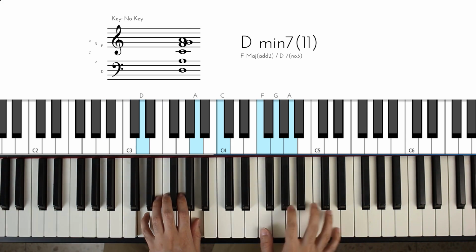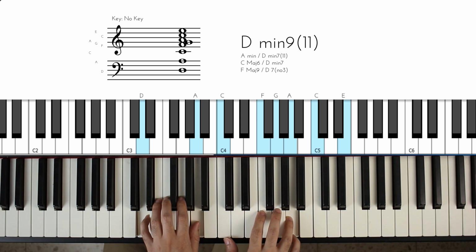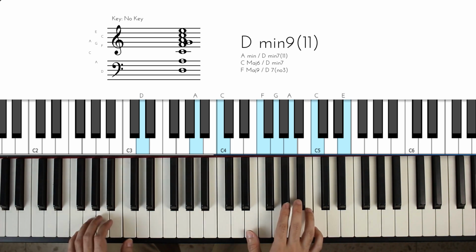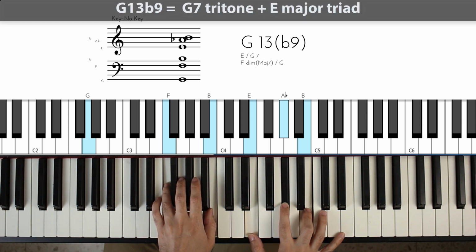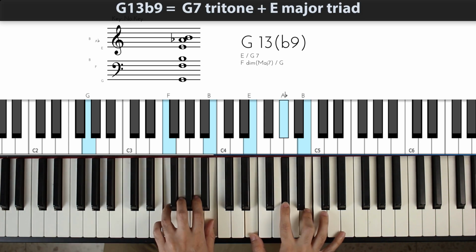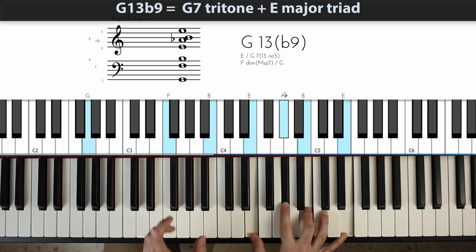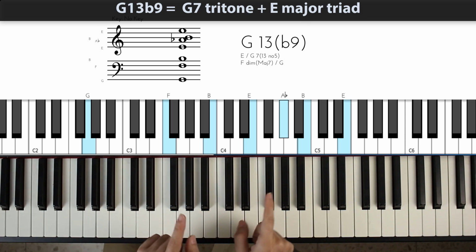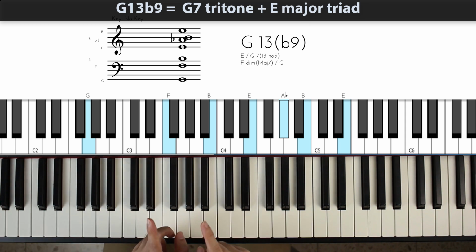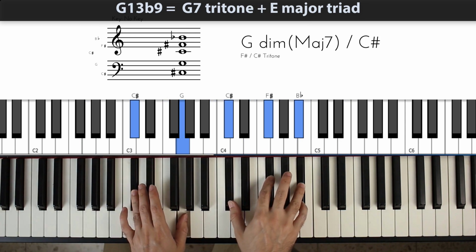Next chord is a D minor. And the final dominant chord in this piece is a G13 flat 9th. And this is actually the exact same trick or variation as I used for the A dominant just 2 chords ago. Because here I'm going to convince you.